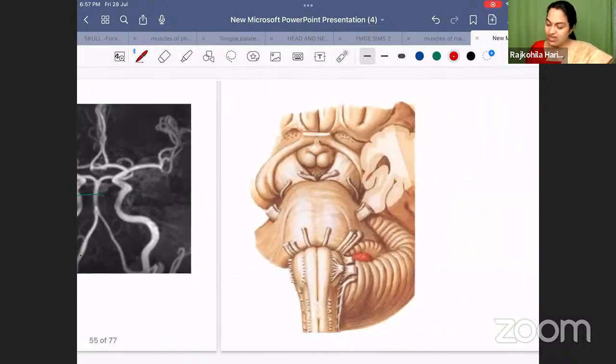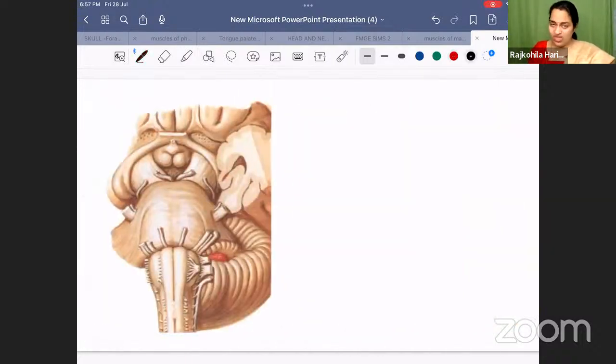So it's easy here. You know which is medulla, right? So this is the medulla. And what are the structures in the medulla that you see on either side of the midline? You get to see the pyramid. What lies underneath it? The corticospinal tract. This is the olive. What lies underneath? The inferior olivary nucleus.